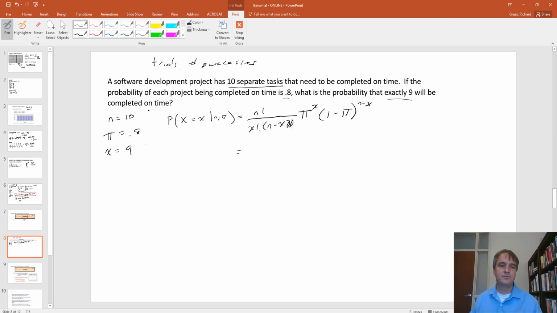I'm going to show you how to also do it the shortcut way in both Excel and on your calculators, but let's go ahead and do this at least one time through. So this will be 10 factorial divided by 9 factorial, and then n minus x, so it's just going to be 1 factorial, which is just 1.